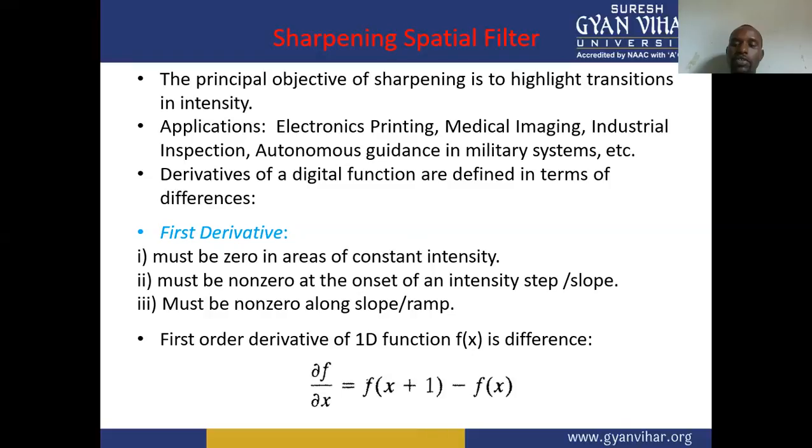One application in which you can perform this is in electronic printing, medical imaging, as well as industrial inspection and autonomous guidance in the military. How is that possible? Let us look at all of these applications one by one. In electronic printing, this is useful especially when we want to print billboards and banners.